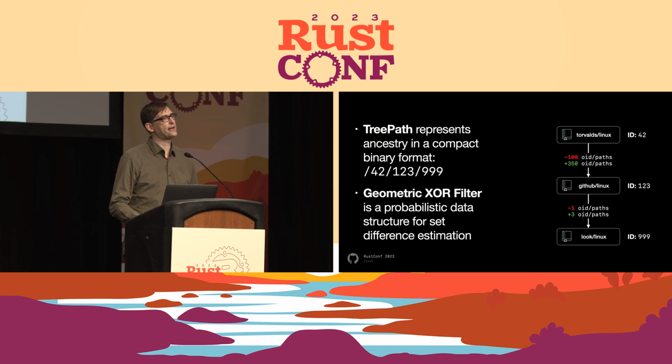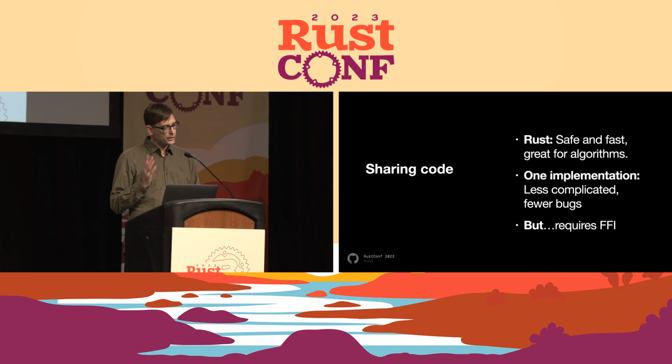So we knew we had to write these in Rust to use them in the search engine. But for Go, for the crawler, we had a choice. We could write them in Go, or we could try to share the code. And we decided to share the code for two reasons. First of all, we found that Rust is really great for algorithms because it's safe and fast, and the type system really helps you from making mistakes.